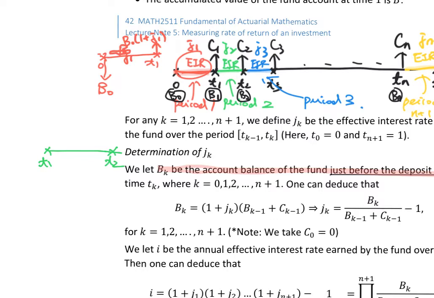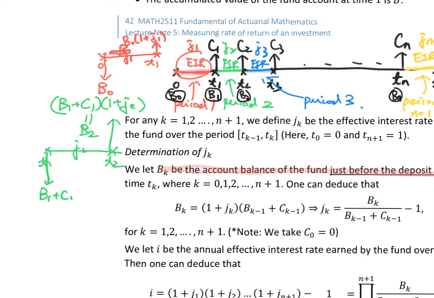At that time you make the deposit C1, so after you make the deposit, the account balance will be B1 plus C1, isn't it? Again, assuming it will earn the EIR J2 over this period, at time T2 the amount that you get will be B1 plus C1 times 1 plus J2, and this should be equal to B2, the account balance before the deposit.